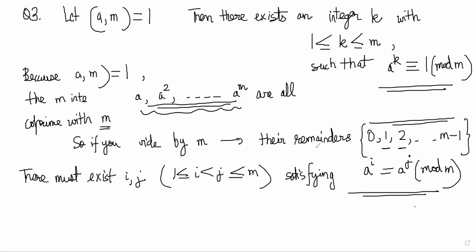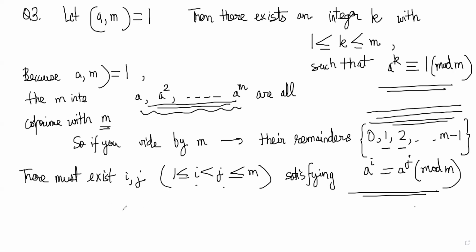Because there are m minus 1 possible i, j's and there are m possible remainders. So you're basically applying the pigeonhole principle. The number of numbers here, i, j, will be m minus 1 and the number of remainders are m. So two of them will have the same remainder.